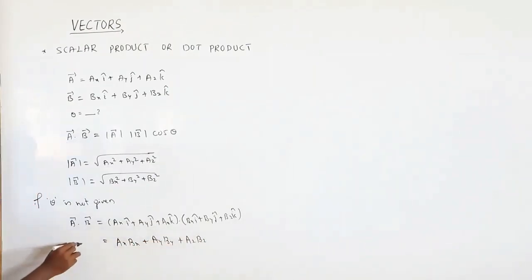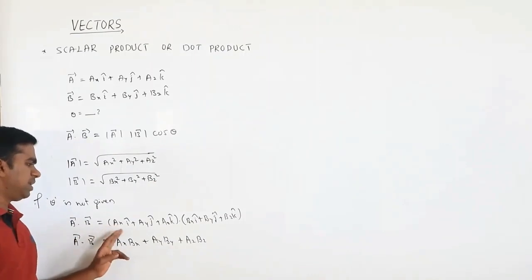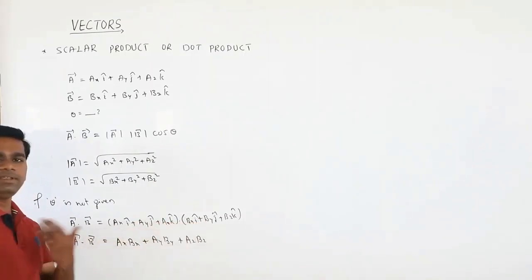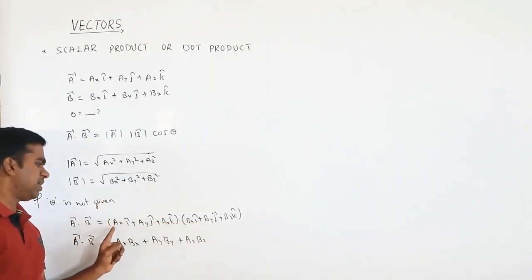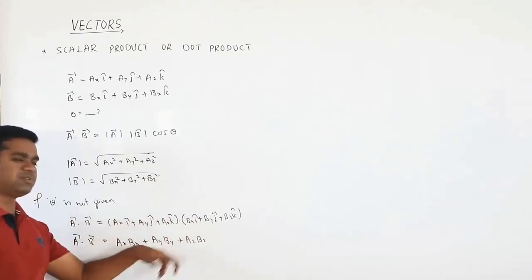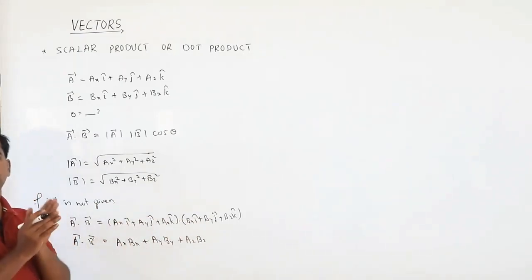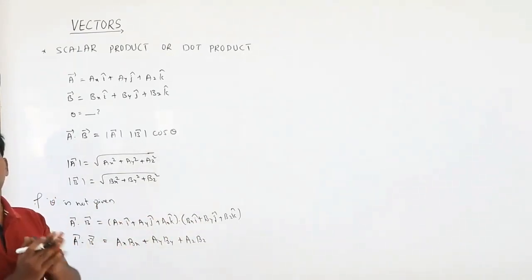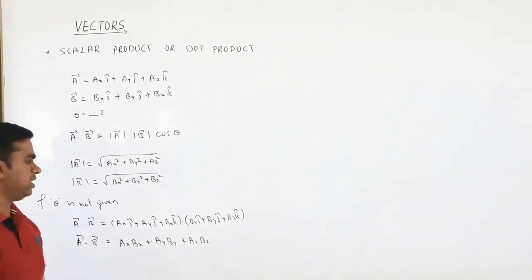This is going to be your A dot B. Directly multiply their corresponding components; the remaining you leave. You cannot multiply Ax with By. Just multiply Ax with Bx only. You have to multiply x component with x component only, not with y component, that is going to be 0.